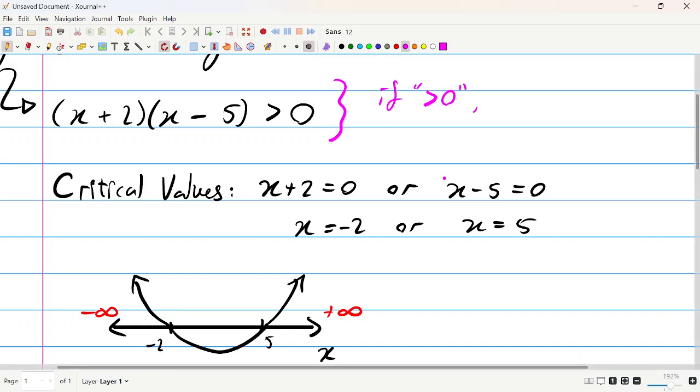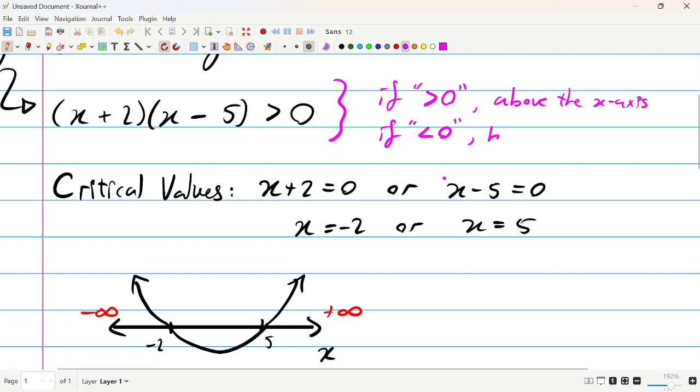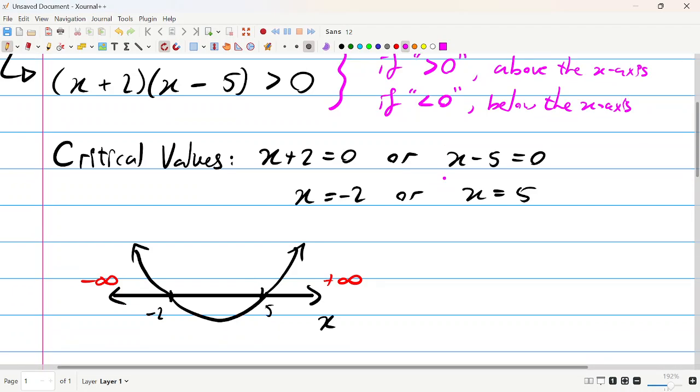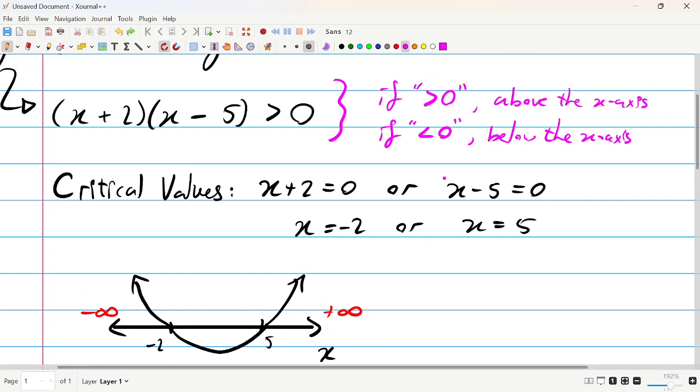It is going to be above the x-axis. Okay, and if it is less than 0, then it is below the x-axis. And the x-axis is obviously this one, right? This is the x-axis. So what do we have?